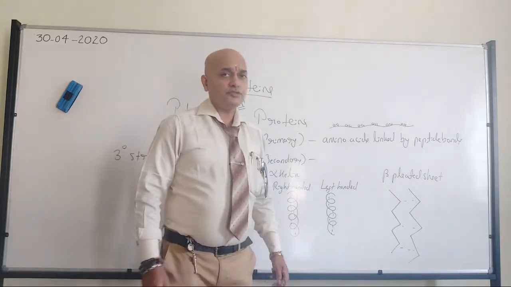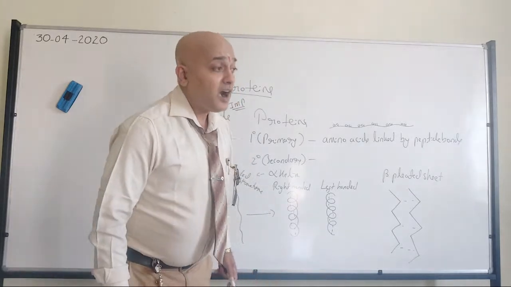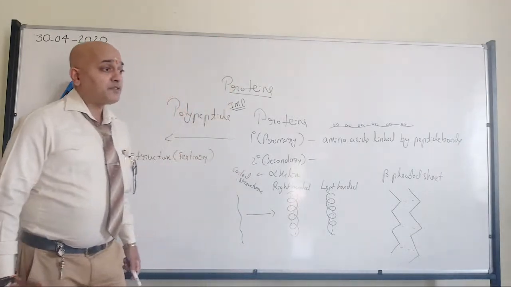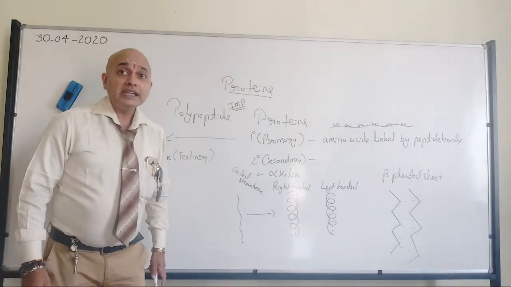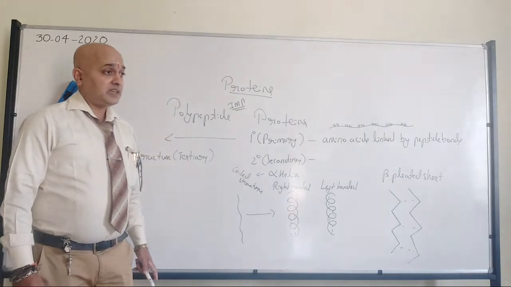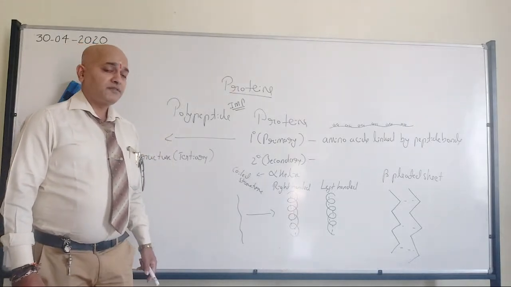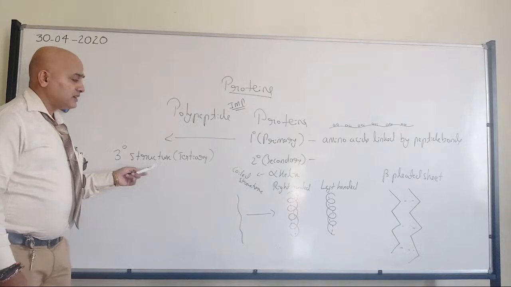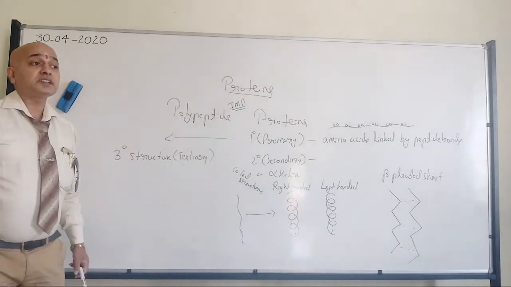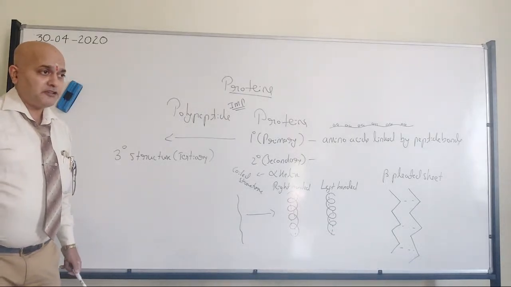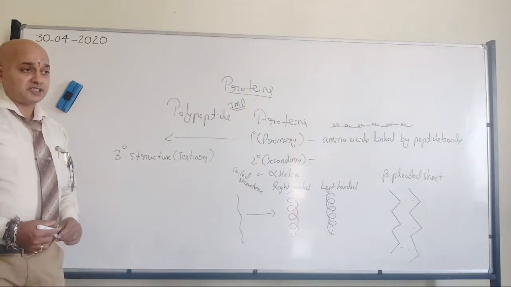Tertiary structure is due to interaction of the amino acids which are far from each other in a polypeptide. That is very important. Fine. So that's where we are going to get the tertiary structure.